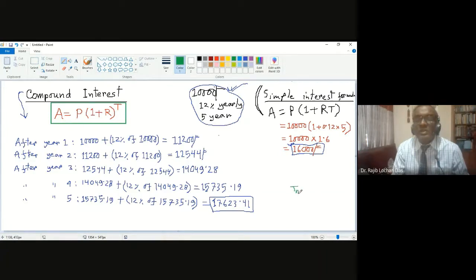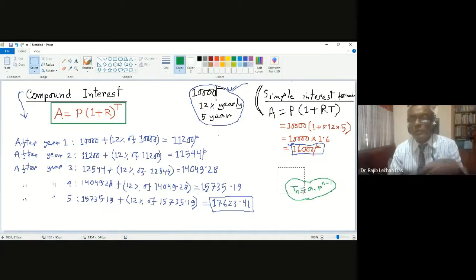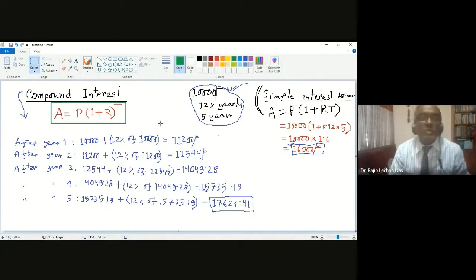This is exactly the Tn formula, A into R to the power n minus 1, like that. So this concept is coming here. P is your A, and 1 plus R is your R, and T is the power n minus 1 power. So that is why I am just teaching this now.